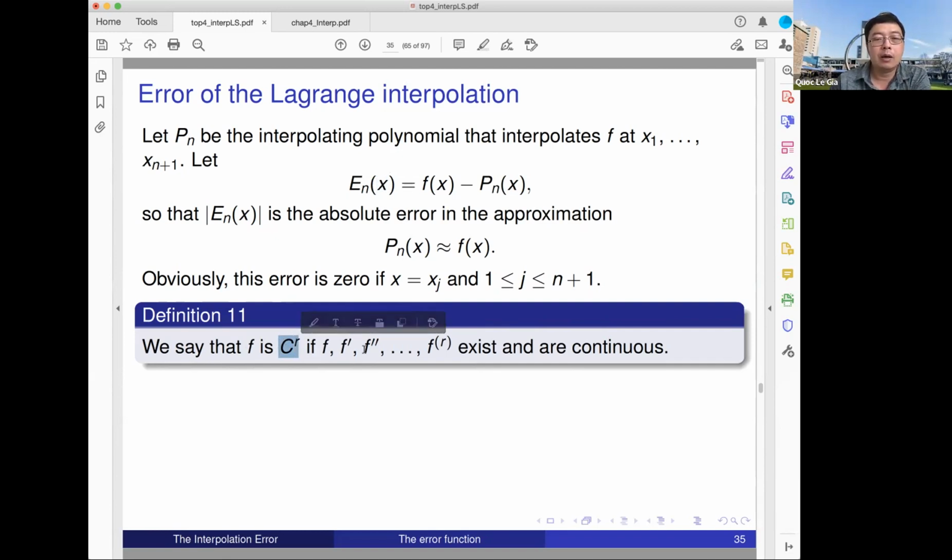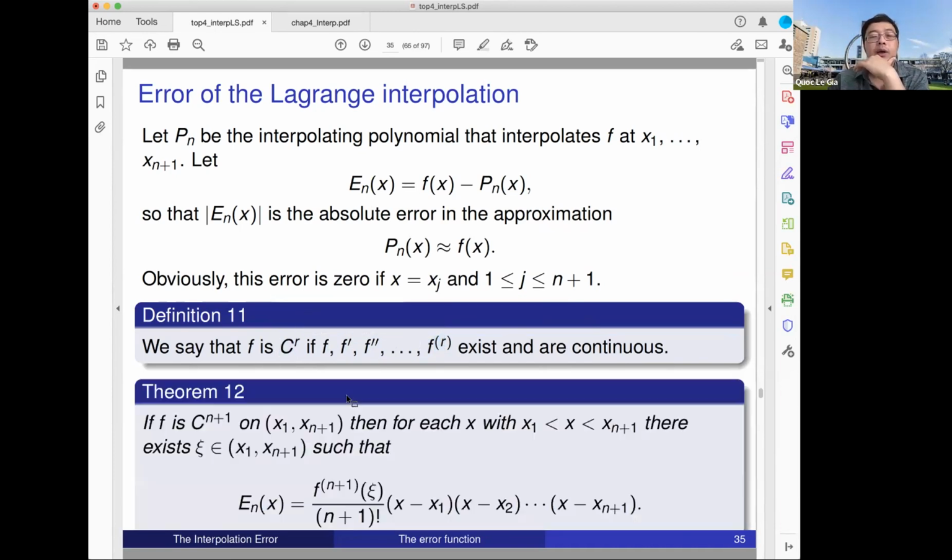If you have the function f, the first derivative, the second derivative, up to the r-th order derivative, and all those derivatives exist and are continuous, then we say that the function is in C^r. That is just the definition. So the theorem says, suppose the function f is C^(n+1).